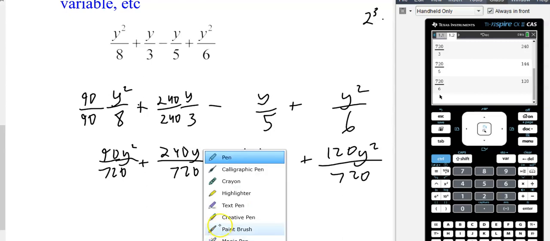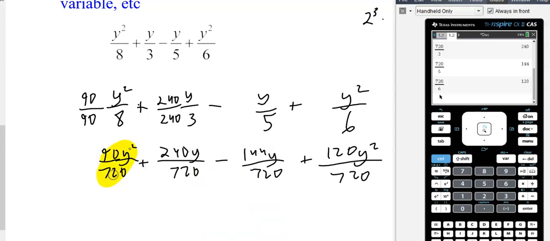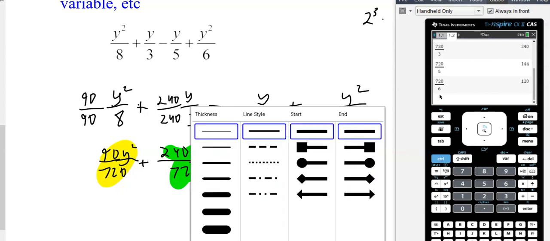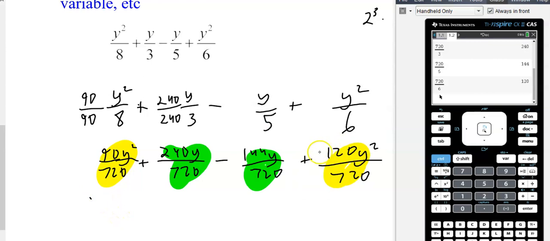These two terms combine nicely because they both have the same type of y term there. So this will be 90 plus 120, 210y squared over 720. And this would be plus, I guess, 96y over 720.